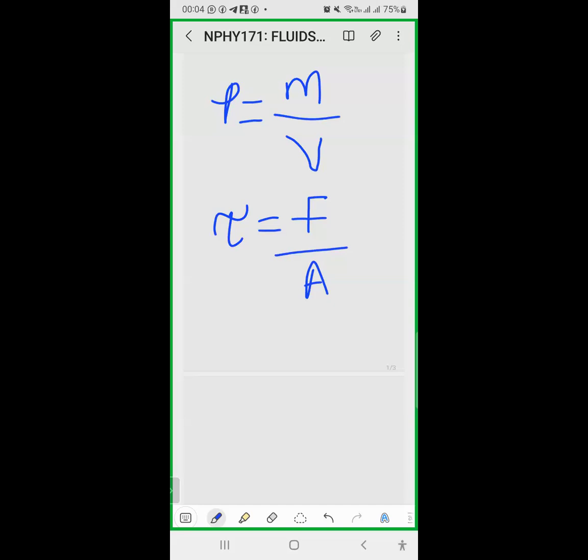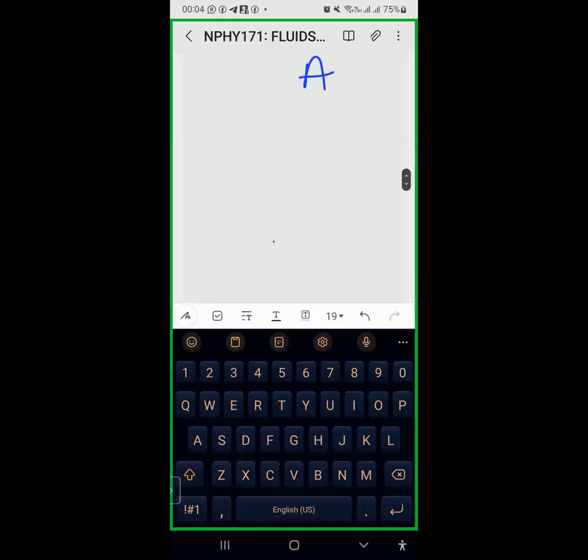So the fluid pressure is given by the applied force divided by what? By the cross-sectional area.